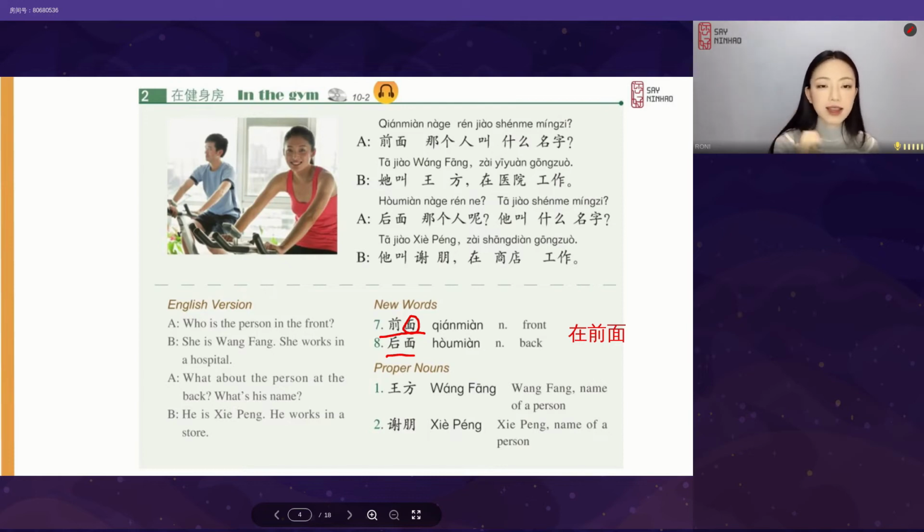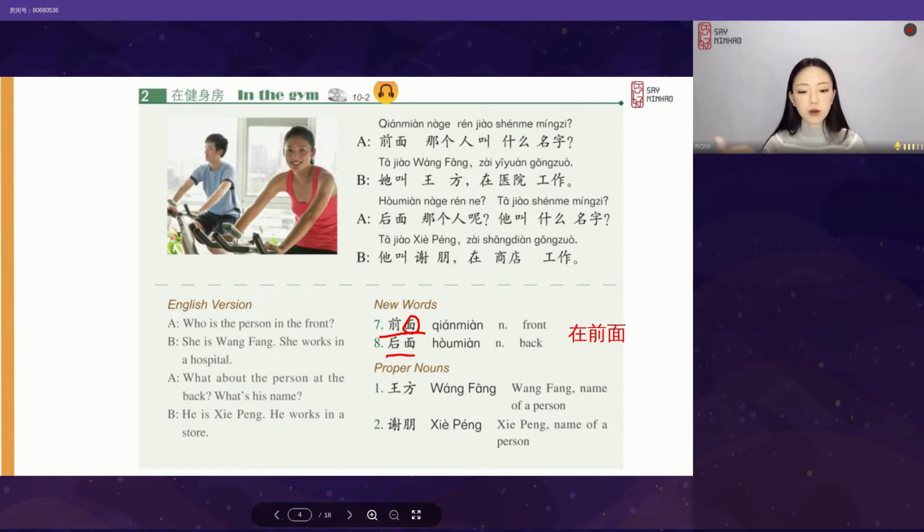And now try to say that person at the back is my friend. 后面那个人, right? 后面那个人是我朋友. Okay, that is enough for the two new words.